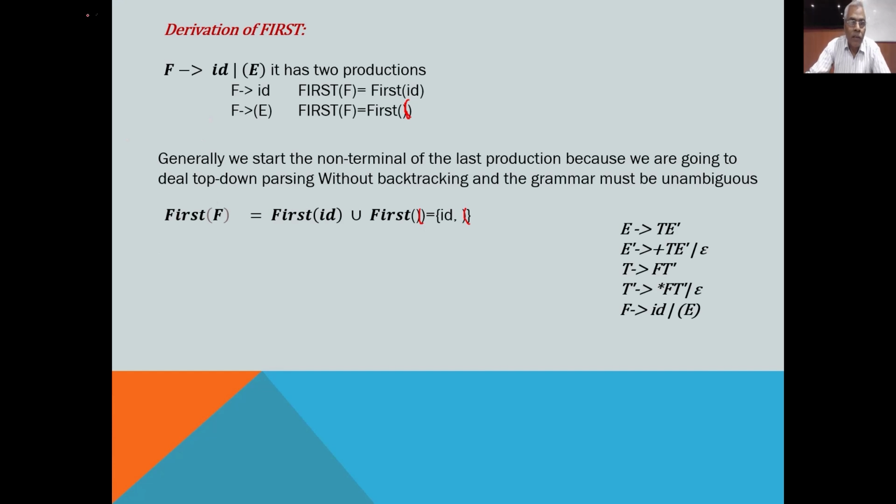So to find the first of F, we combine these two results: first of ID from this production and first of the opening bracket from the next production. We get ID from this production and we get opening bracket from this rule. So these are the two terminals for the first of F: ID and opening bracket.